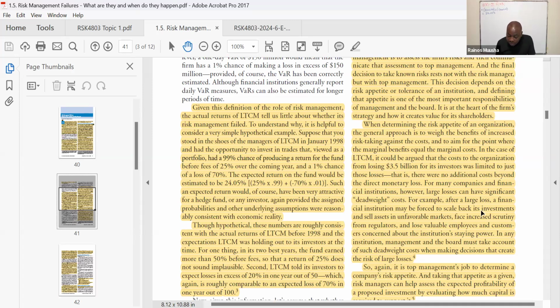They say, for example, after a large loss, a financial institution may be forced to scale back its investments and sell assets in unfavorable markets, face increased scrutiny from regulators, and lose valuable employees and customers concerned about the institution's staying power. In any institution, management and the board must take account of such deadweight costs when making decisions that create the risk of large losses.